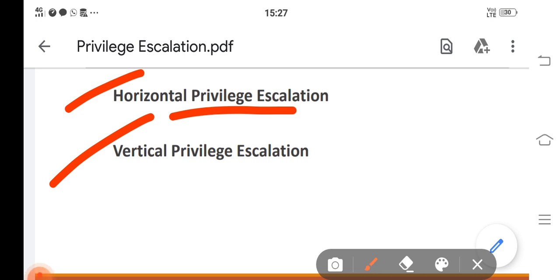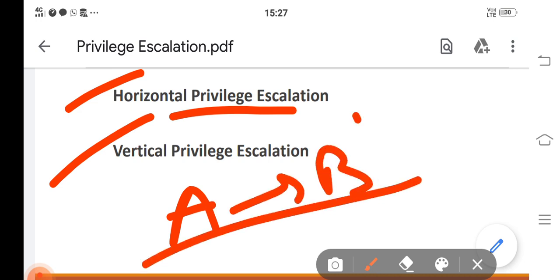In horizontal privilege escalation, an unauthorized user tries to access the resources, functions and other privileges that belong to an authorized user who has similar access permissions. For instance, in online banking, user A can easily access user B's bank account. So this is horizontal privilege escalation.